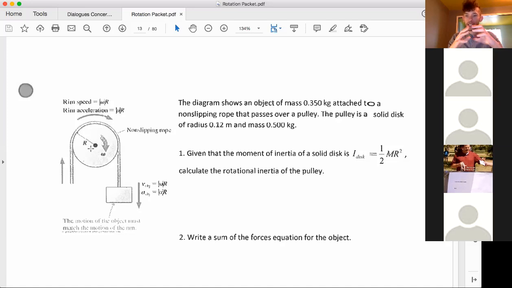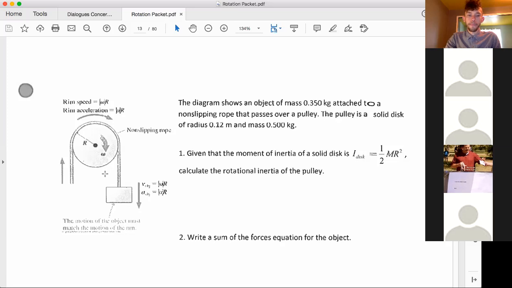The pulley itself is going to rotate in the direction of acceleration of the system. So here in this example, this block is accelerating downward, which is going to cause the pulley to rotate around counterclockwise. Does that make sense? The only way that the pulley can be rotating like that is if there is a torque.